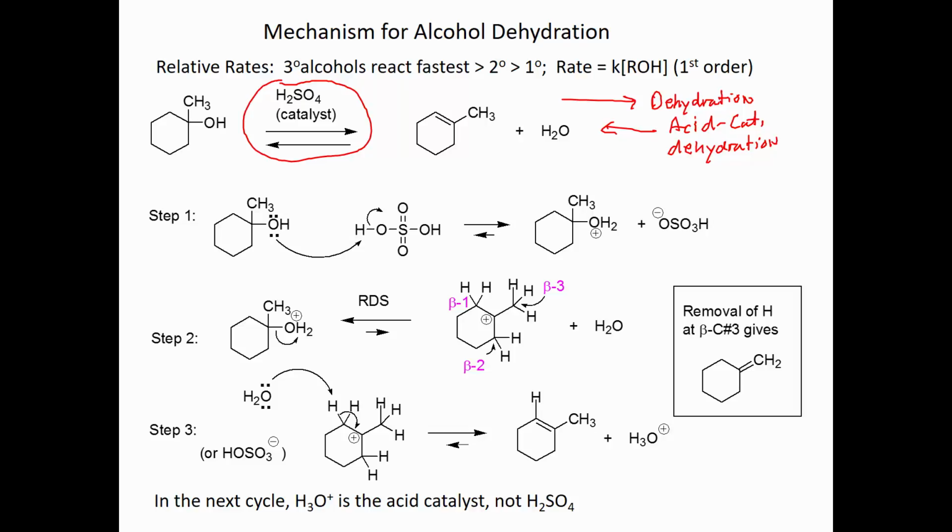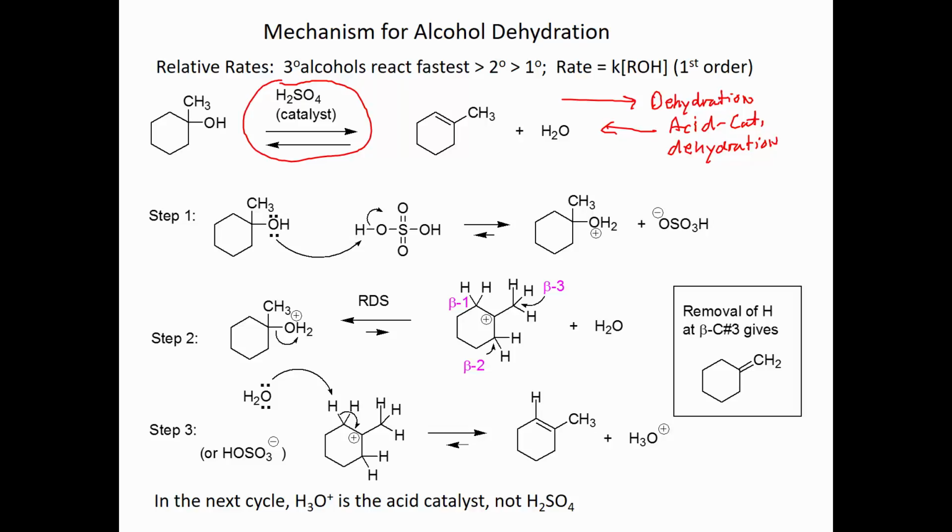So we've seen this relative rate before with alcohols in the previous chapter when we looked at their reaction with HCl, HBr, and HI to make the corresponding alkyl halides. This reaction has a great deal in common with that reaction in that it involves carbocation intermediates. The mechanism looks remarkably like that mechanism, except that we're using a different acid.